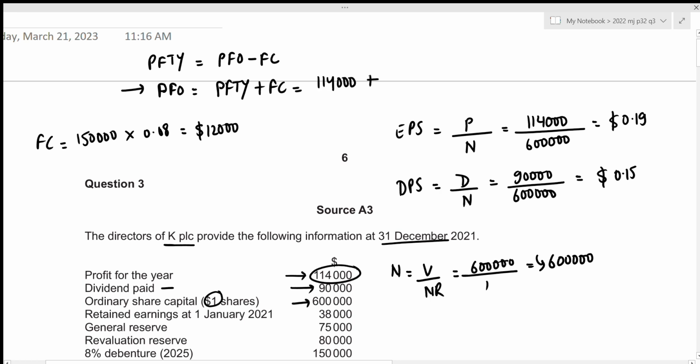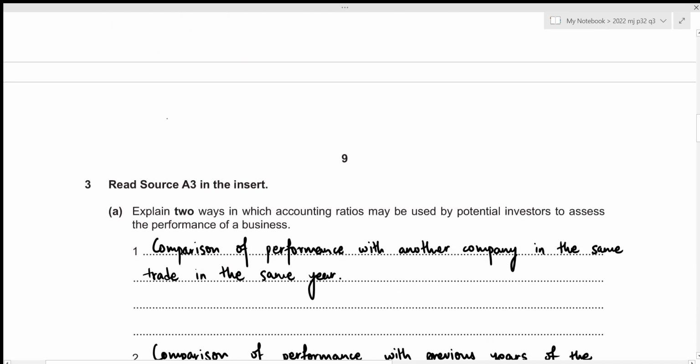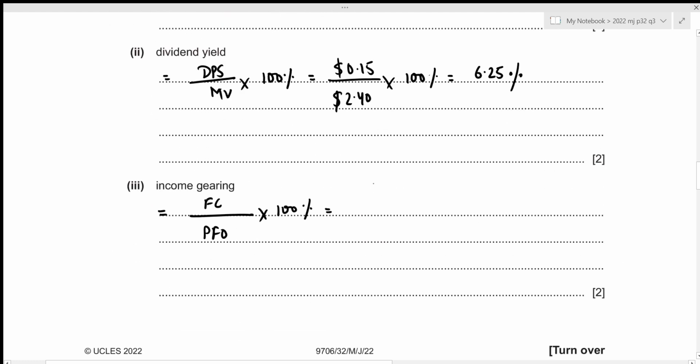Then we can add our finance costs of 12,000, which results in 126,000. So let's substitute these two amounts and calculate our income gearing. The finance charge was 12,000, and we figured out our profit from operations to be 126,000, times 100%. This results in 9.52%.